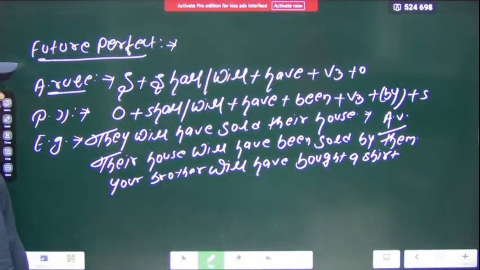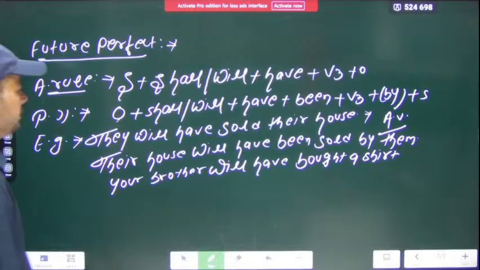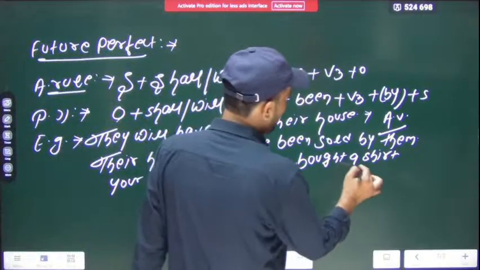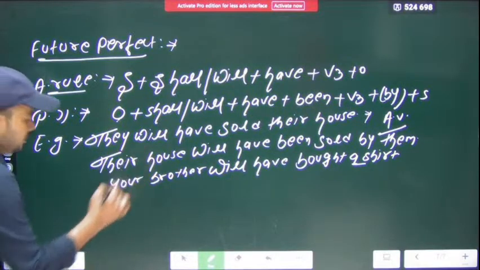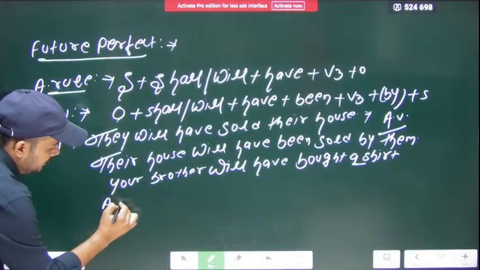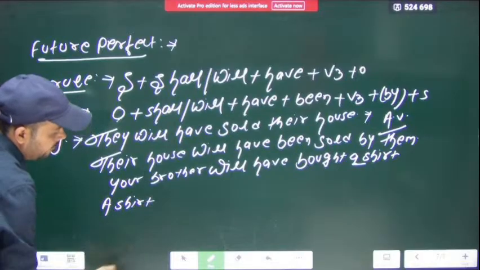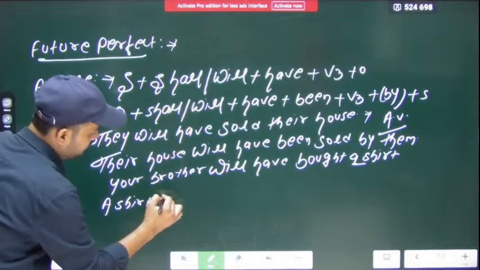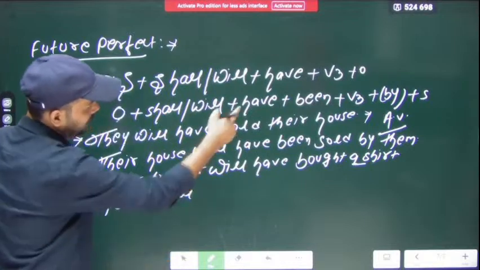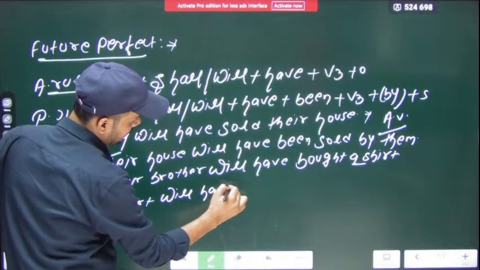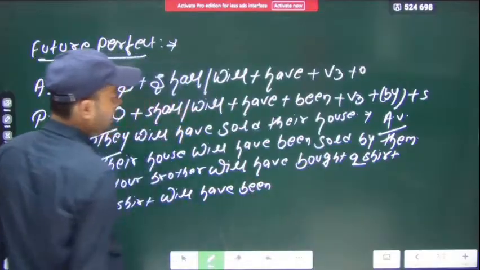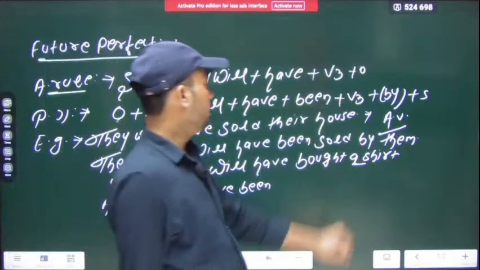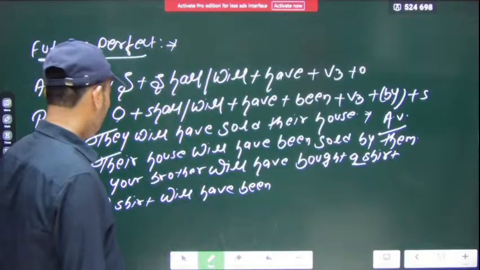Now, if I make the passive, what do I need to take first? Object. What is the object here? A shirt. So here I will write a shirt. Shirt is a noun, so I will write a shirt will. After will I will write have. A shirt will have, then been, a shirt will have been, then verb 3. What is the verb here? Bought. A shirt will have been bought.